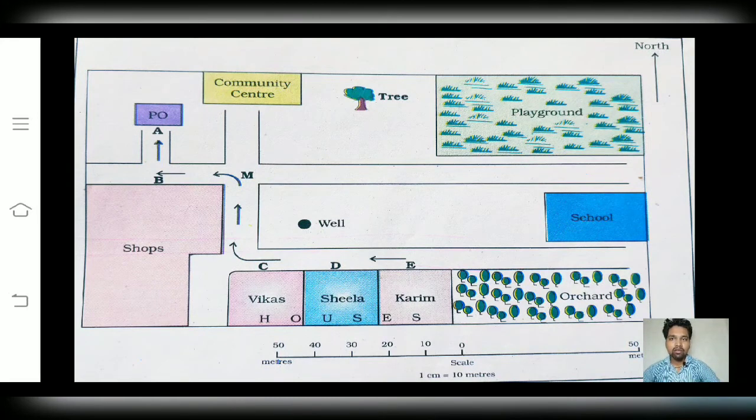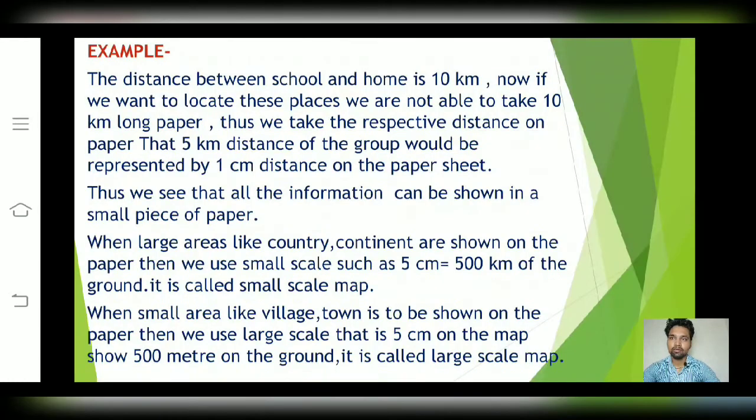It means if we measure 1 centimeter on the paper, it will represent 10 meters on the actual ground. So by this scaling method, we may accurately find the distance between two objects.